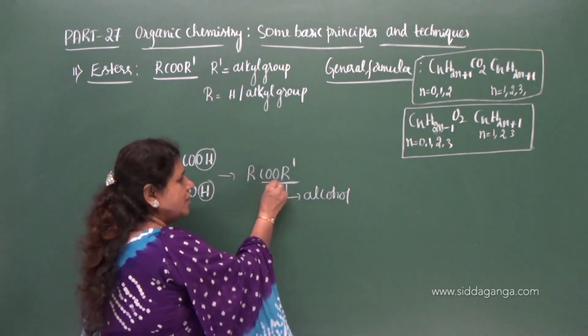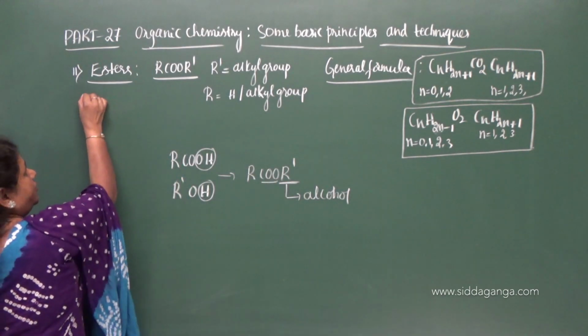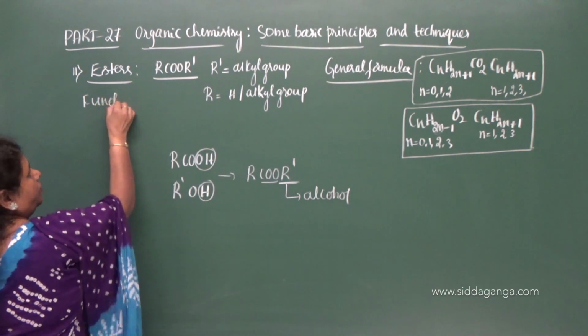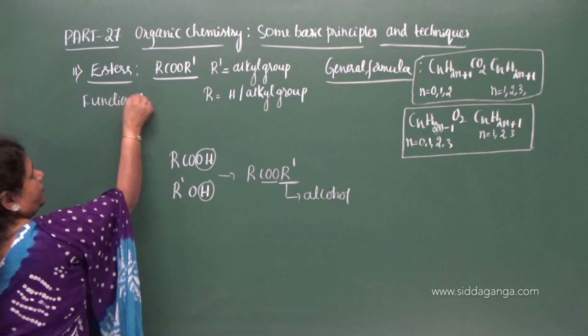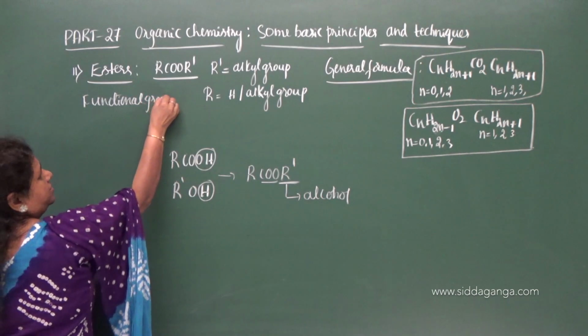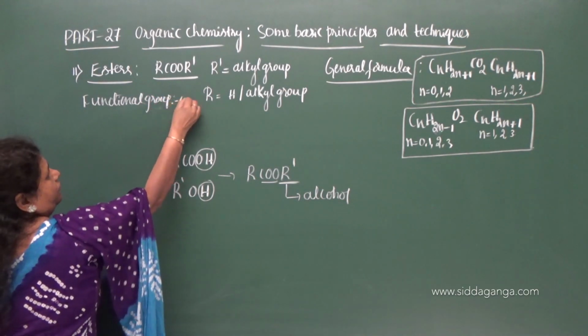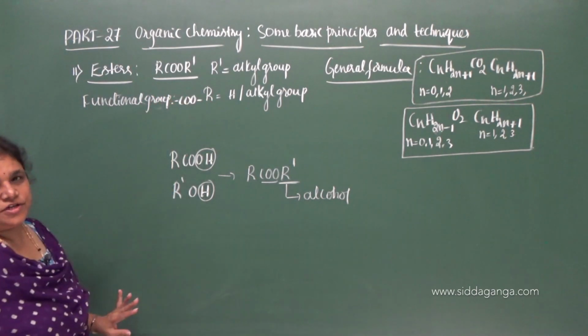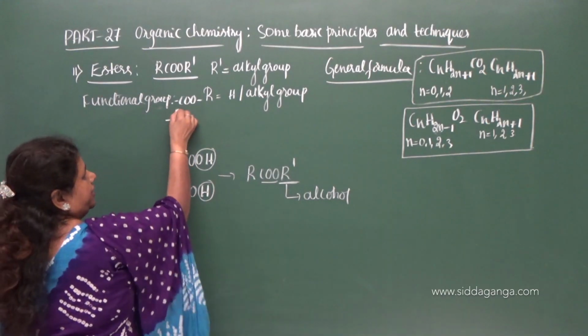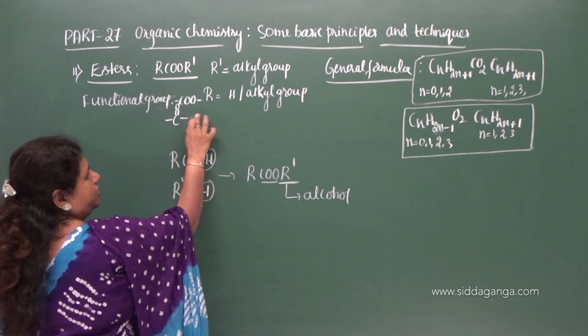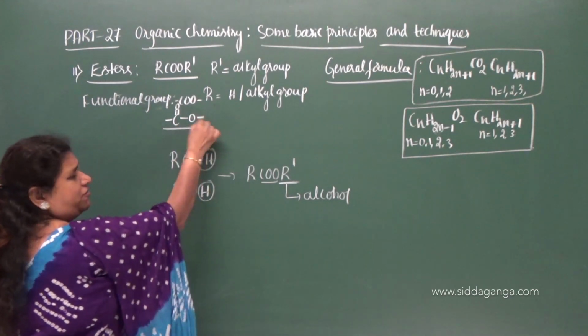COO is the functional group of ester. What is the functional group here? COO is the functional group, and the structure we can write as C double bond O, correct? So this is the functional group of ester.